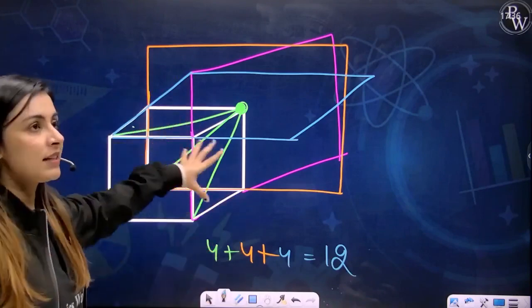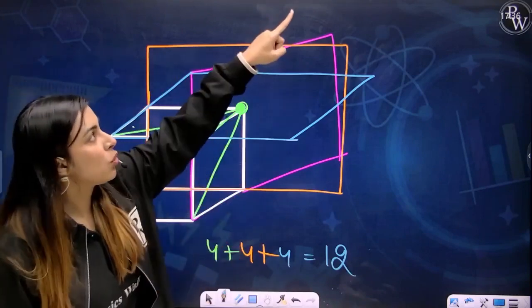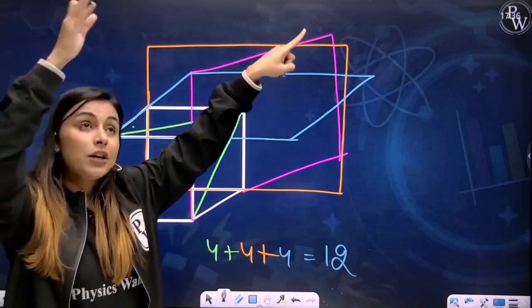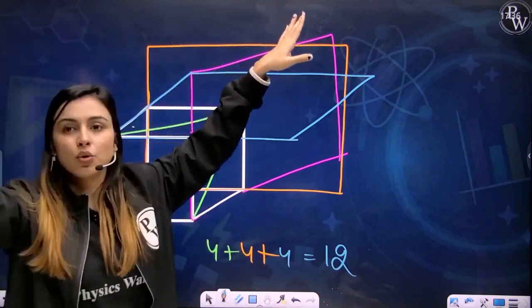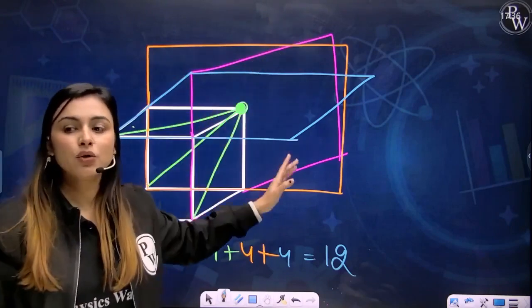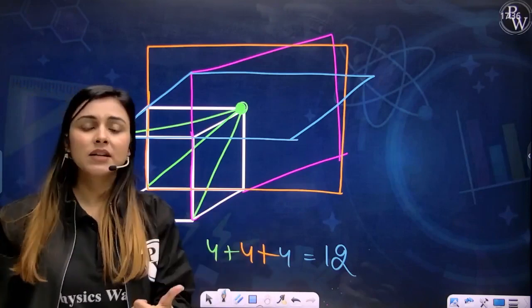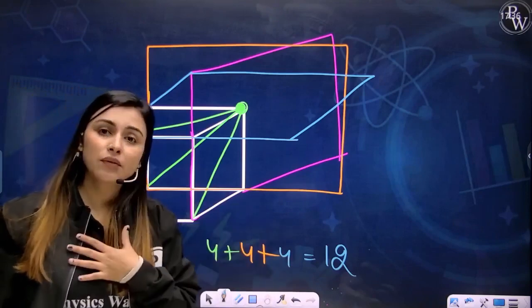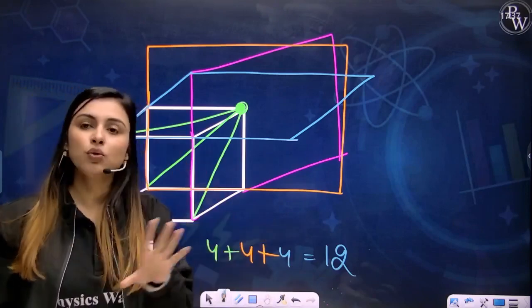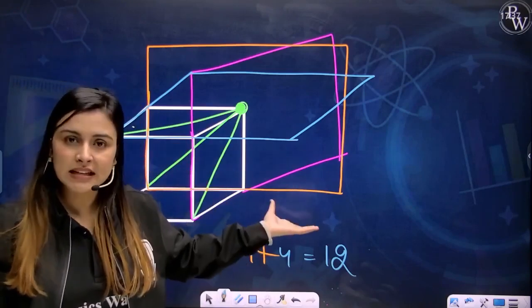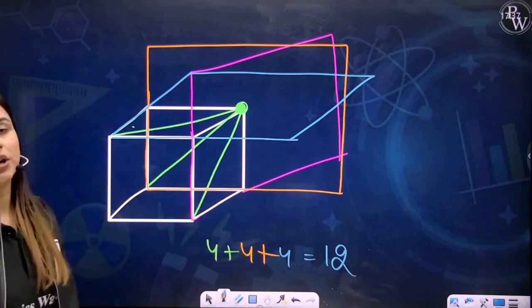If you're not getting this, you can understand this. You know that one corner has 3 different faces attached, right? Yes. And you just need to extrapolate those in the different parts, and you will get the coordination number equal to 12. If you get this, that is amazing. If you don't get this, don't worry. I'll give you a trick in the next class, and you will be very easily able to find out the coordination number.